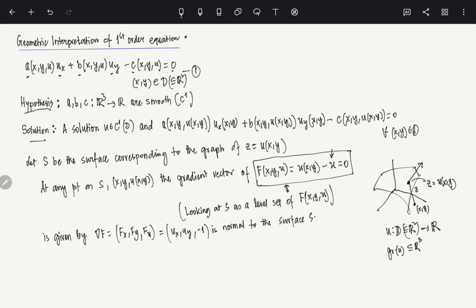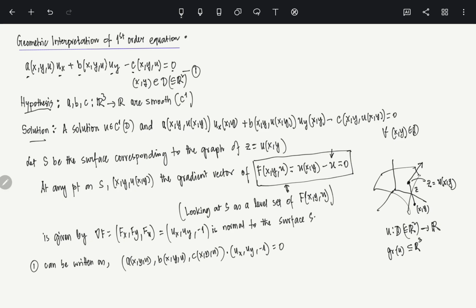Now, if you just look at the equation, see what is happening here. The equation can be written as a of xyu comma b of xyu comma c of xyu, and this vector dot ux, uy and minus 1 equals 0.